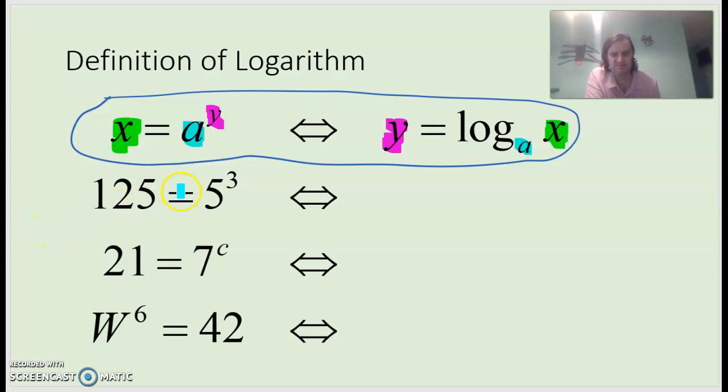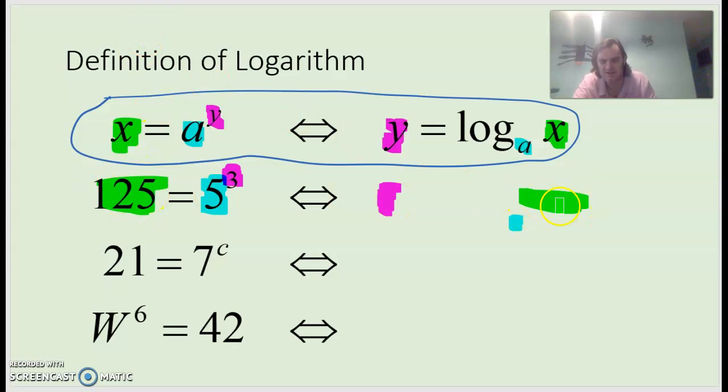So we're going to take some exponential expressions down here and rewrite them as logs. So let's look for the parts. The first one we have is 125 equals 5 cubed. Well, the first thing we need by itself is an exponent, which will be 3. So it'll go right here. And we'll have a base of 5 that I'll write down here. And we'll have an argument of 125.